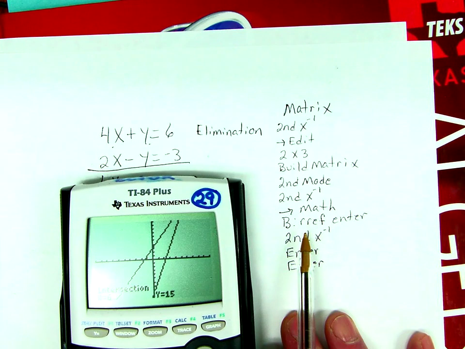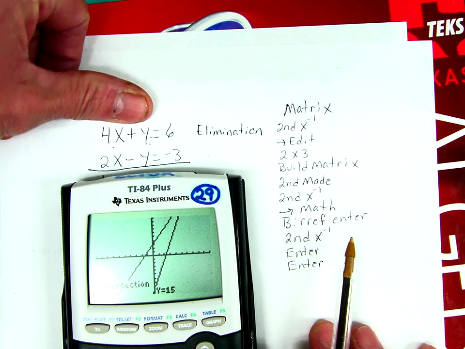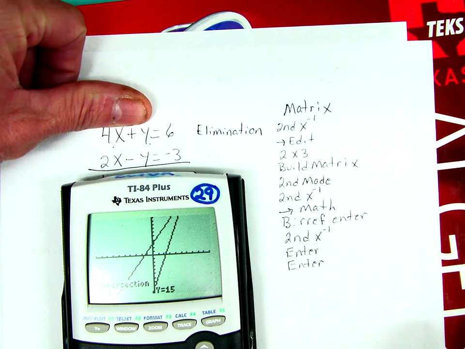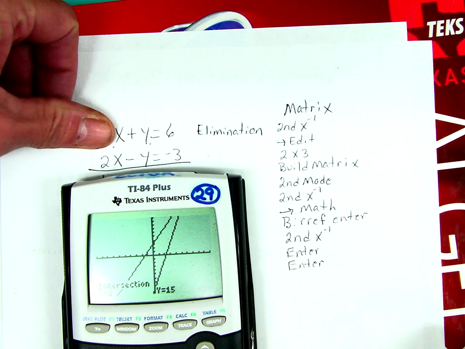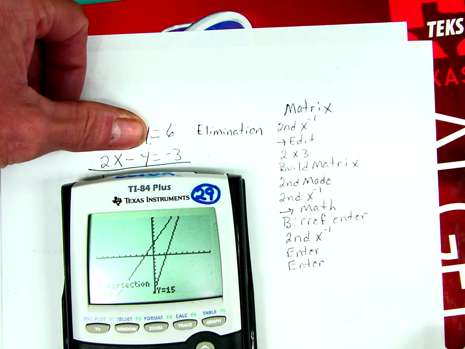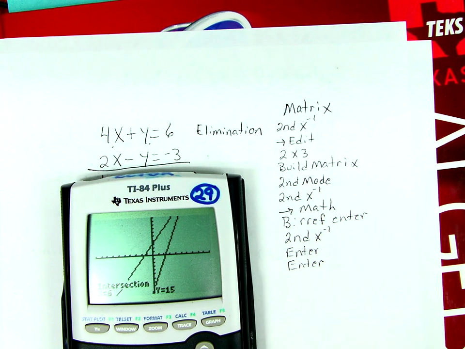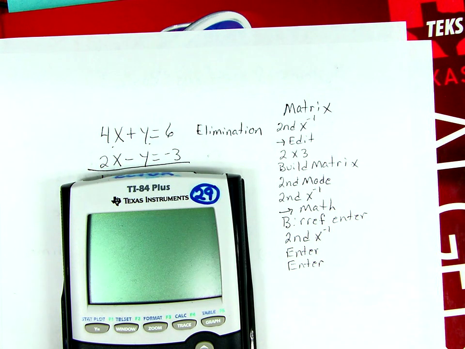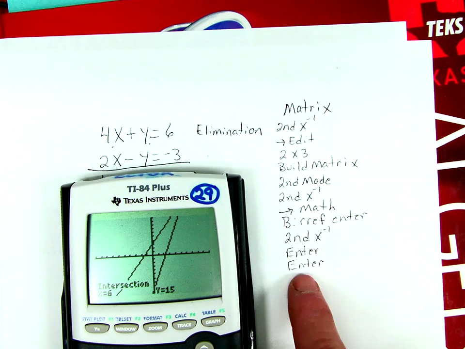Now again, the key is when the two variables are both on the same side of the equal sign, and they also both need to be in the same order. X is first, y is second. It could be the other way around, y first, x second, as long as it's that same way in both equations. So to do the matrix, we're just going to follow these steps right here.